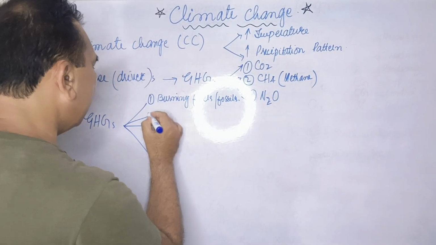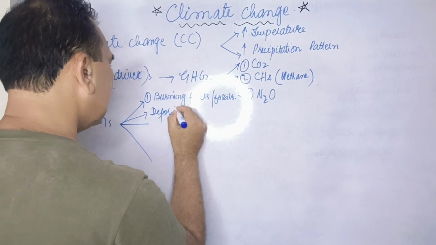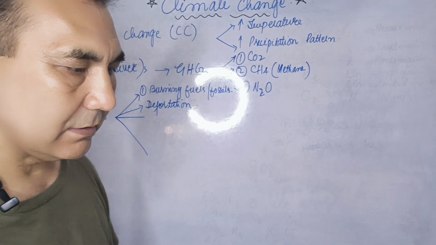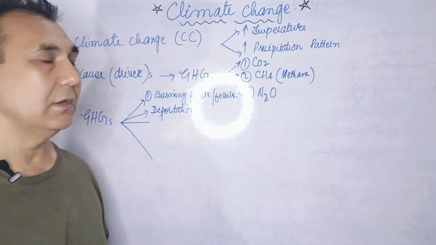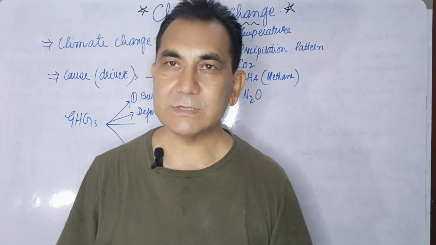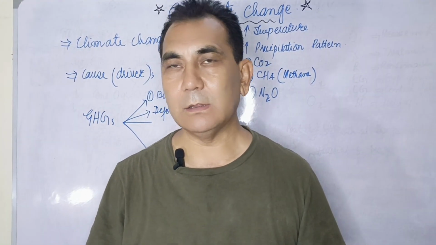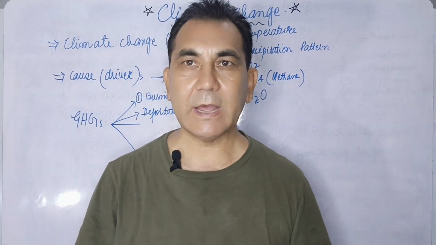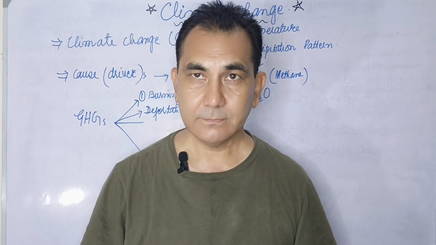The second one is deforestation. Deforestation is another cause which affects greenhouse gases. You know very well that trees absorb carbon dioxide in the daytime and release oxygen.